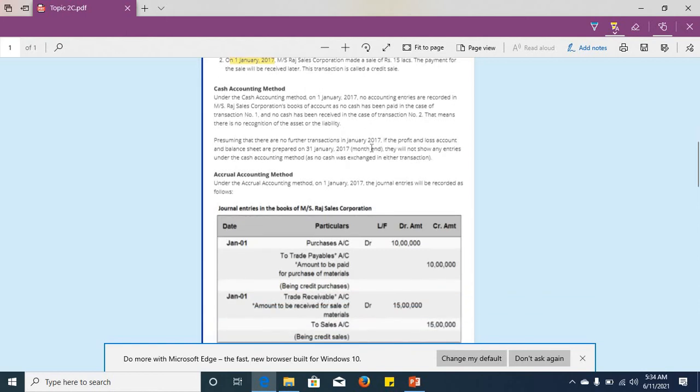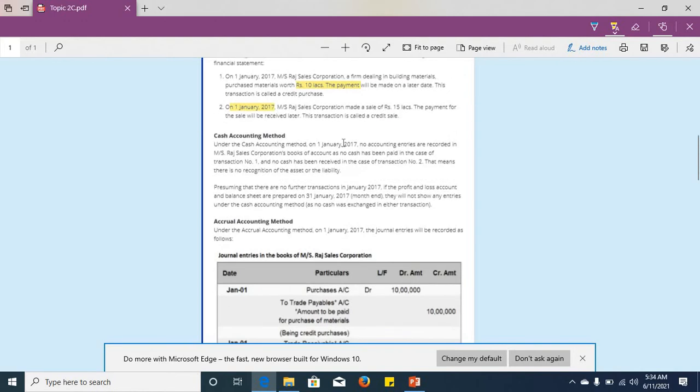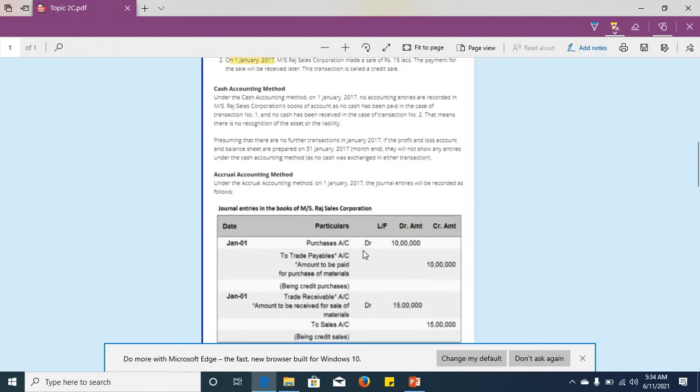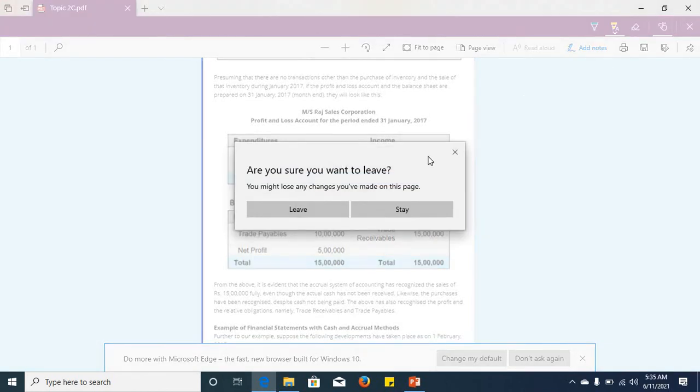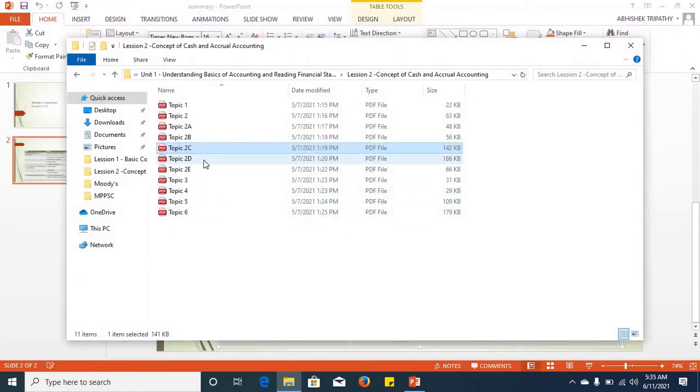Presuming that there is no further transaction in January 2017, if the profit and loss account and the balance sheet are prepared on 31st of January 2017, month end, they will not show any entry under the cash accounting system, but in the accrual accounting system, it will show debtors and creditors. So there will be debtors and creditors in case of accrual accounting system, but there will not be any debtor or creditor in case of cash accounting system. So this is done.